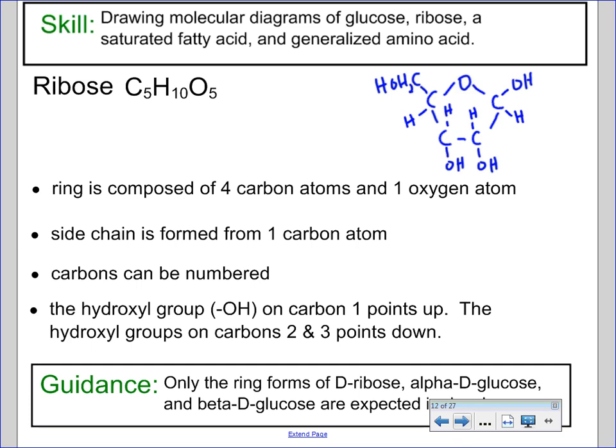And then, as with glucose, we can also number our carbons. So the carbon to the right of oxygen gets labeled as number 1, and then we just number the rest.